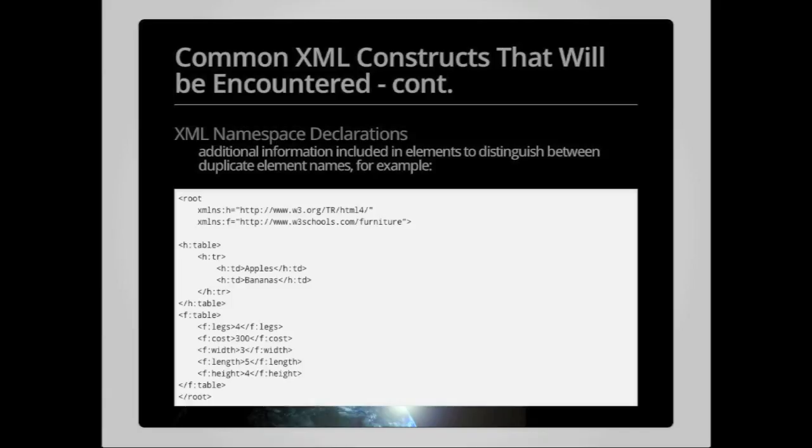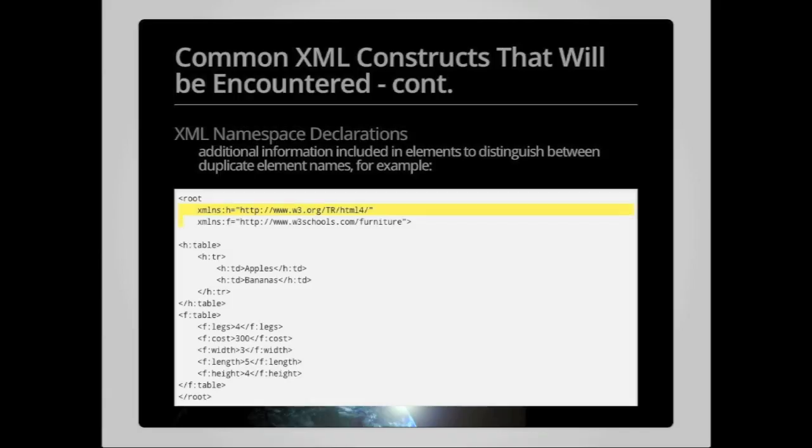What do I mean by that? It's probably easiest to illustrate it from the example that we have here. So we have our root element. This is the opening tag of our root element for this XML document. And you can see the closing tag down here.